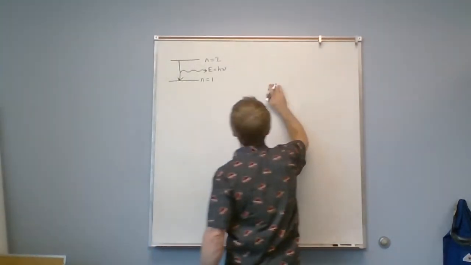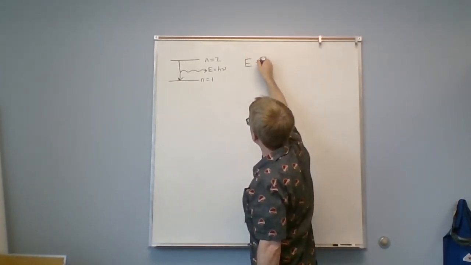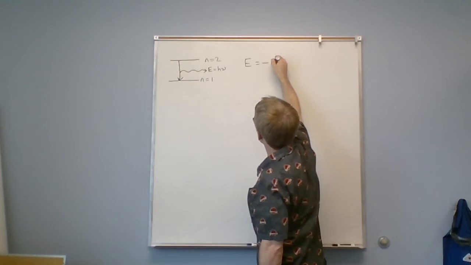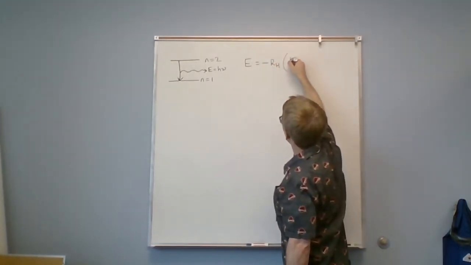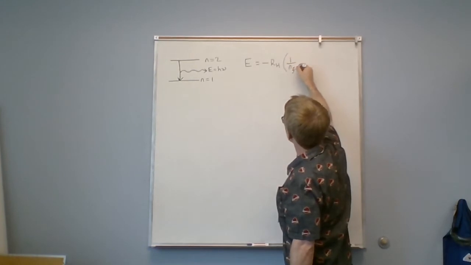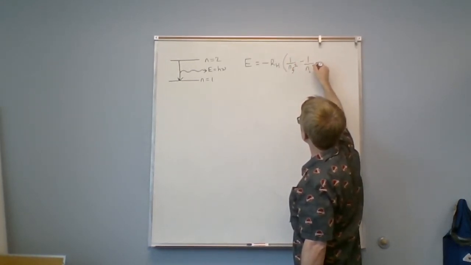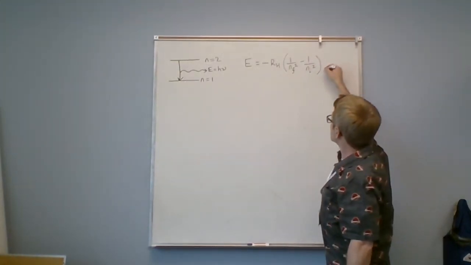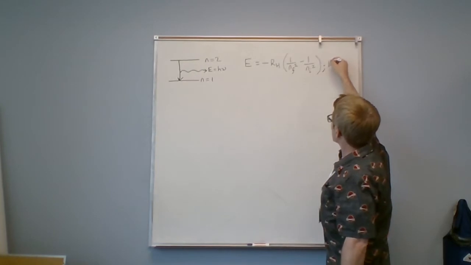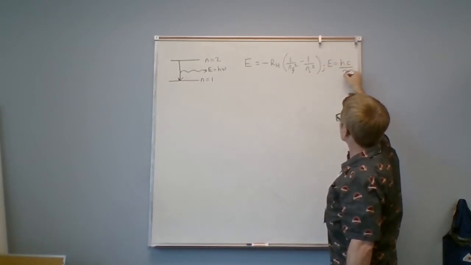So the couple of equations you'll have to use: energy is minus the Rydberg constant, RH, multiplied by 1 over the final energy level squared minus 1 over the initial energy level squared. The other equation is energy is hc over lambda.